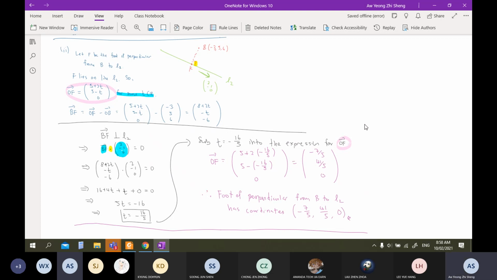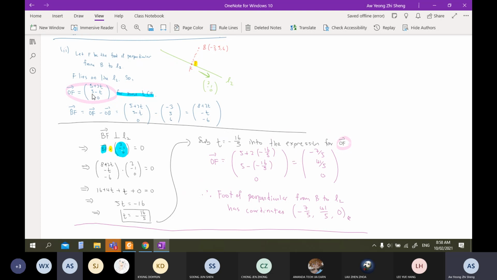So this is the procedure of finding foot of perpendicular. In this chapter, we are going to implement this procedure again and again, many times. There will be many questions that involve finding the foot of perpendicular. So it's always these few steps. First is to introduce the point F. Then notice that F lies on L2, so it would satisfy the equation of line L2.